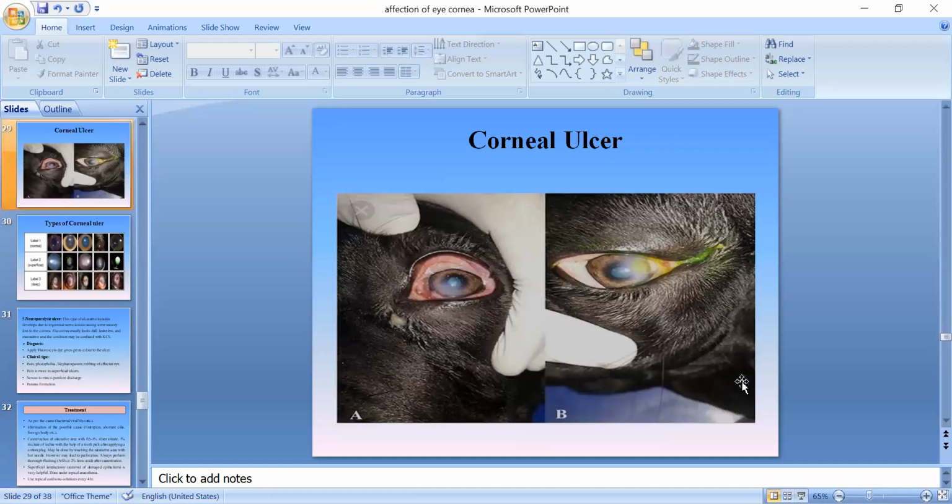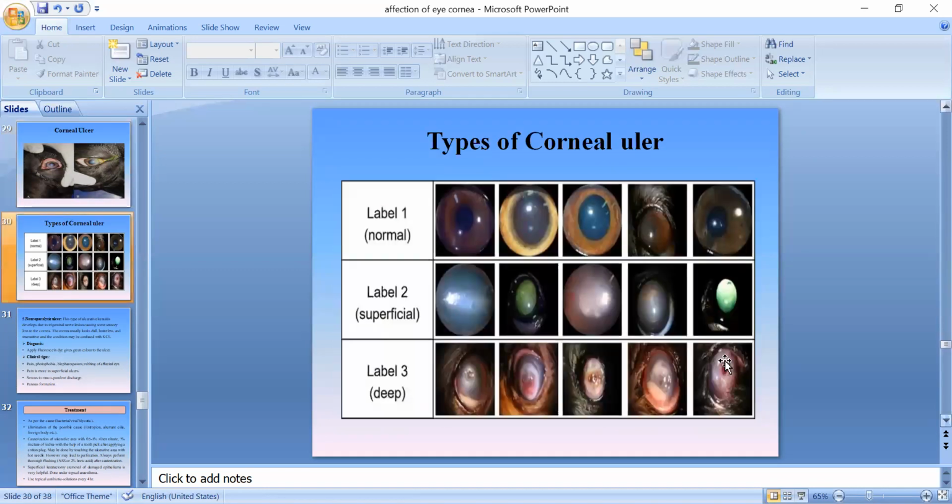You can see here a corneal ulcer. Here is normal, then here a superficial corneal ulcer, and this one is a deep ulcer, meaning a deeper layer of the cornea is affected.